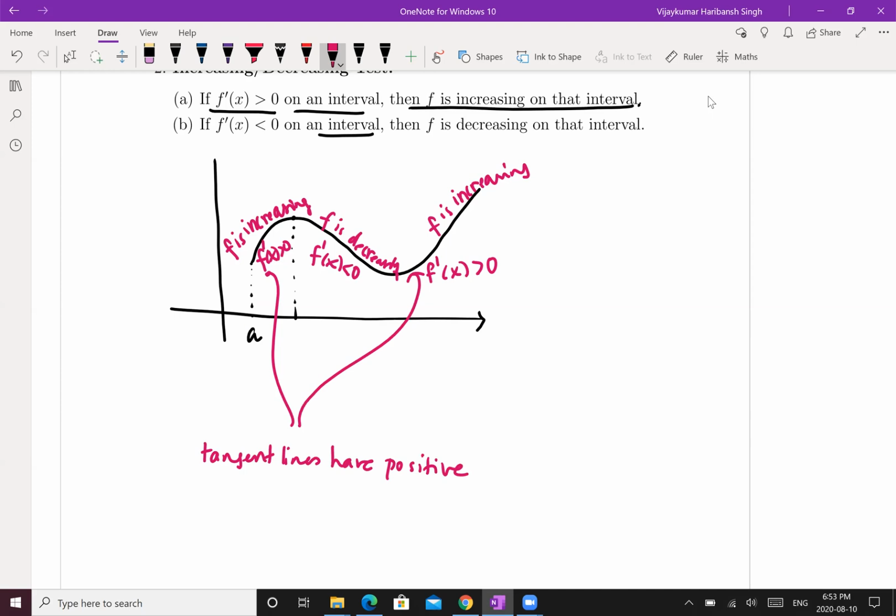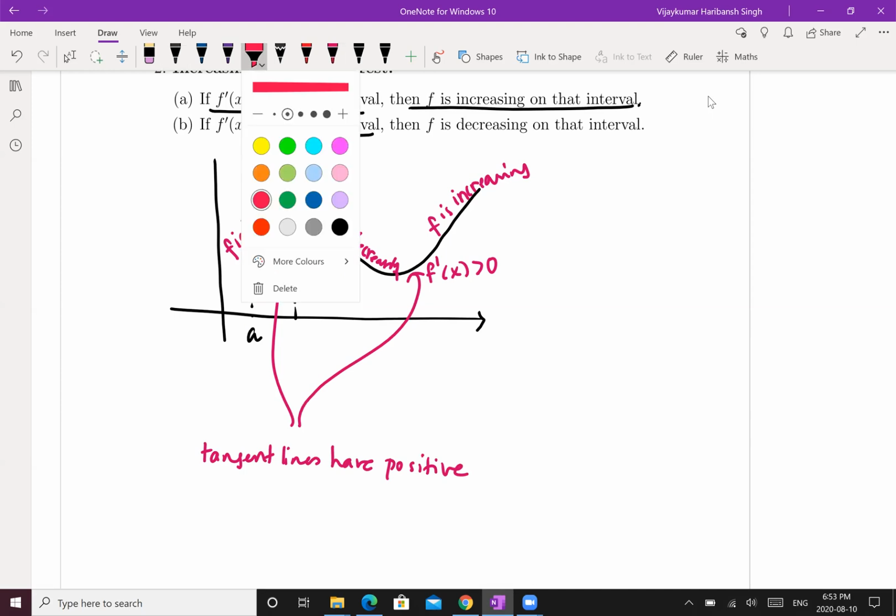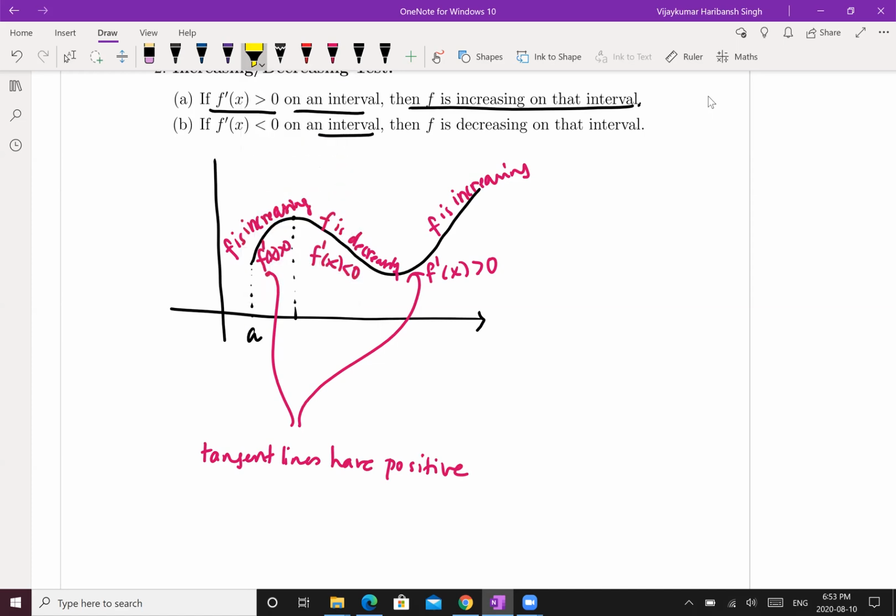In these two regions, the tangent line has positive slope, whereas here the tangent line has negative slope.